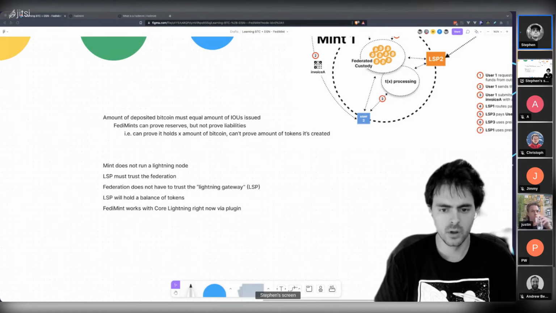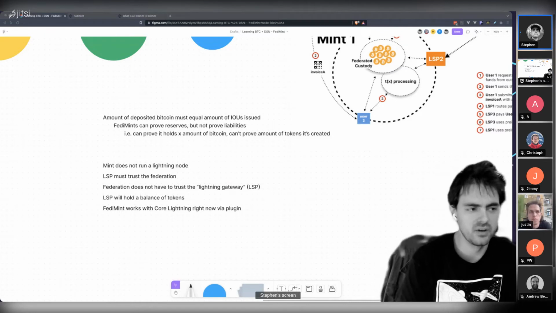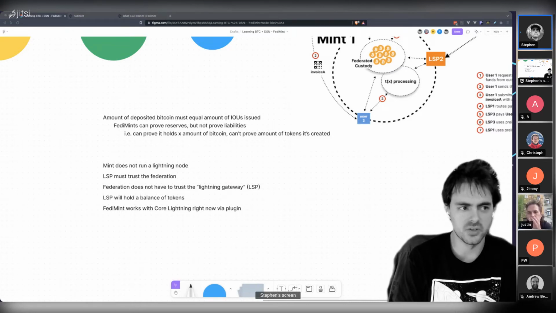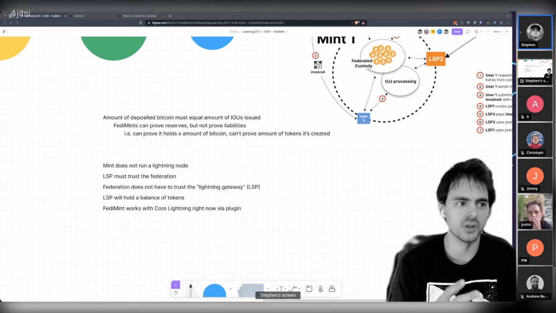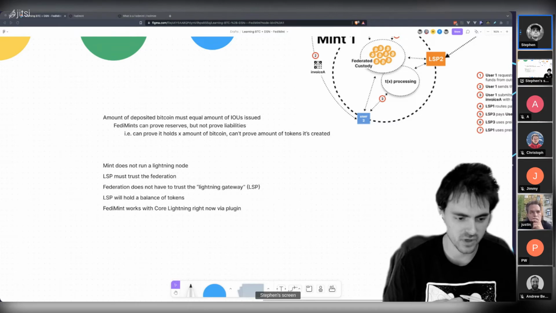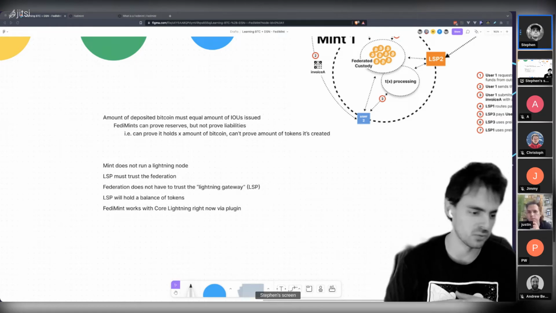So I thought it was interesting. You mentioned with the Core Lightning thing, a balance of eCash tokens, and so it gets me thinking that the data structure of this is much different than what a lot of us are traditionally used to. We're used to thinking of a Bitcoin wallet as being a seed phrase, and as long as I have the seed phrase and two or three other pieces of information, I can regenerate the whole wallet.